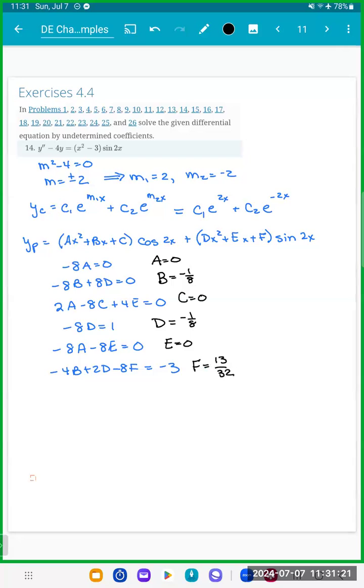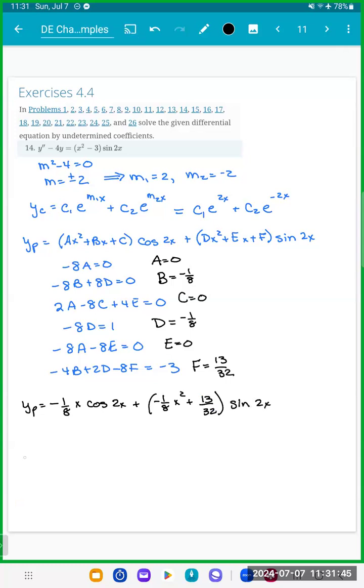So our yp is going to equal negative 1/8x cosine 2x plus negative 1/8x squared plus 13/32 sine 2x.